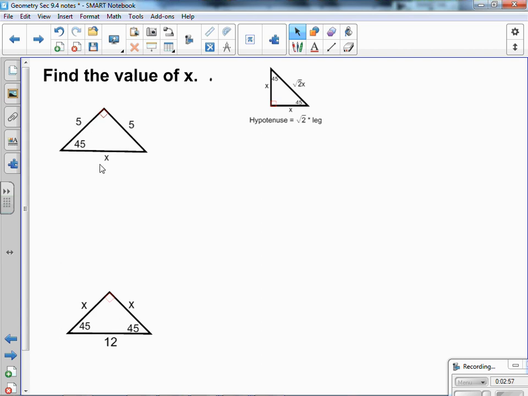So that makes finding the hypotenuse value pretty easy, because I just take the leg and multiply it by the square root of 2, and that gives me the hypotenuse. So the x value is going to equal the square root of 2 times one of the legs, or rearranged, 5 square roots of 2.